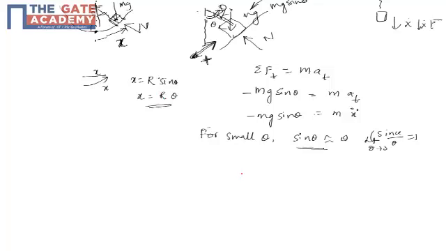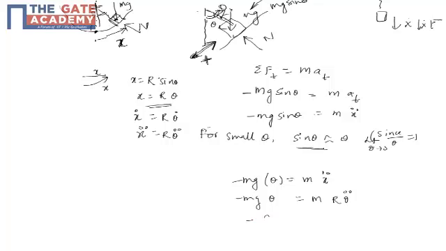If I substitute everything, minus mg theta is equal to m x double dot. I can double differentiate x equals r theta: x dot is r theta dot and x double dot is r theta double dot. So minus mg theta is m r theta double dot, so theta double dot equals minus g by r theta.